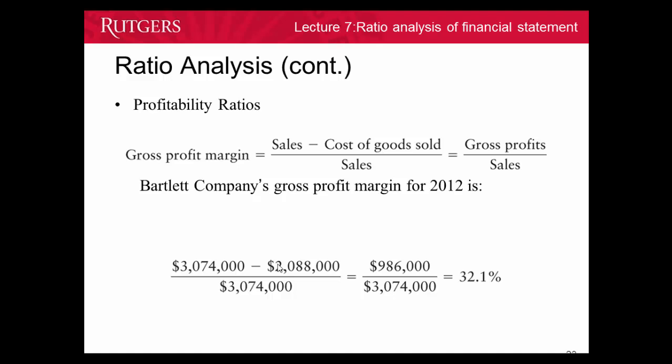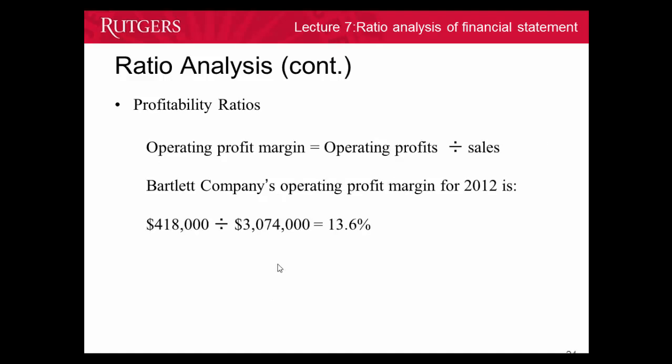It is calculated by using sales minus cost of goods sold and dividing this by sales. We have found these measures before, so I'm not going to go back to the financial statement. After calculation, you can get a gross profit margin of 32.1%.